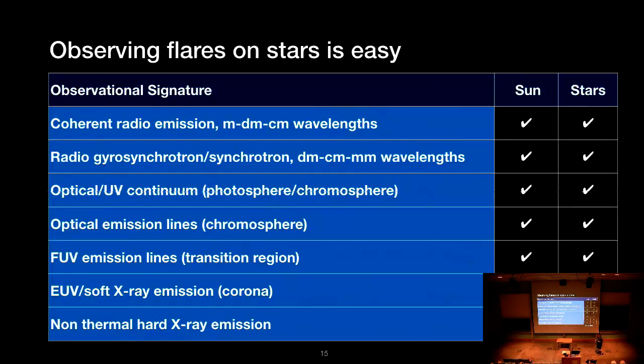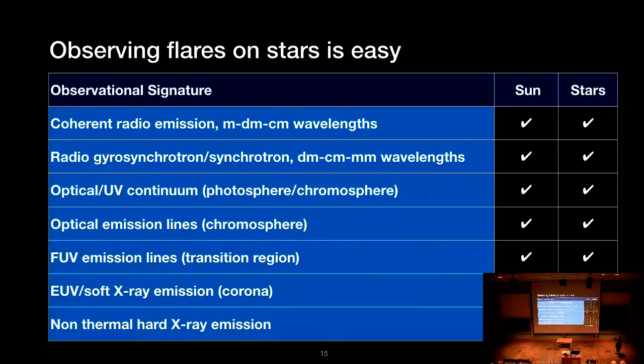I've organized multi-wavelength flare campaigns, and it takes a lot of work writing proposals and getting telescopes to track stars. But the point is that there are different observational signatures across the electromagnetic spectrum, from the radio through to the optical, into the ultraviolet, soft X-ray, and even further into the X-ray.